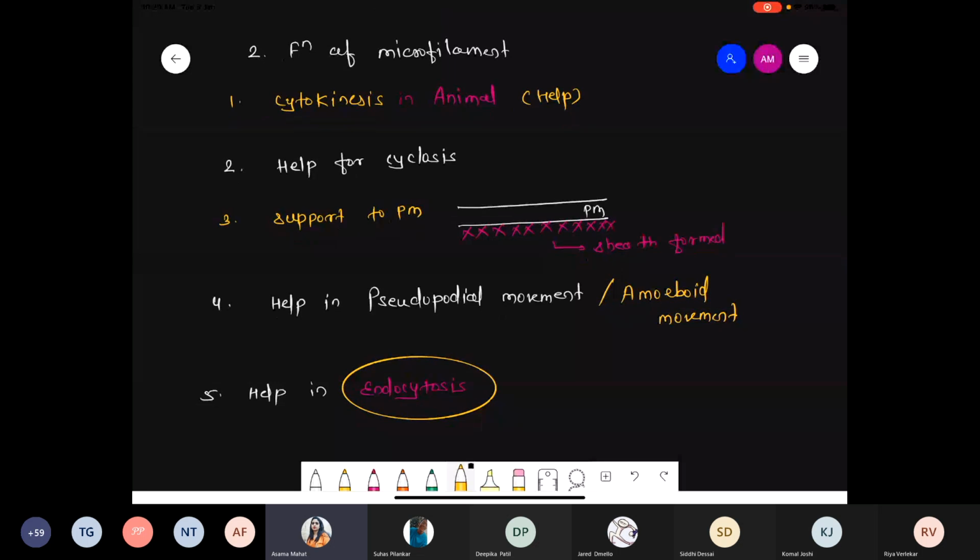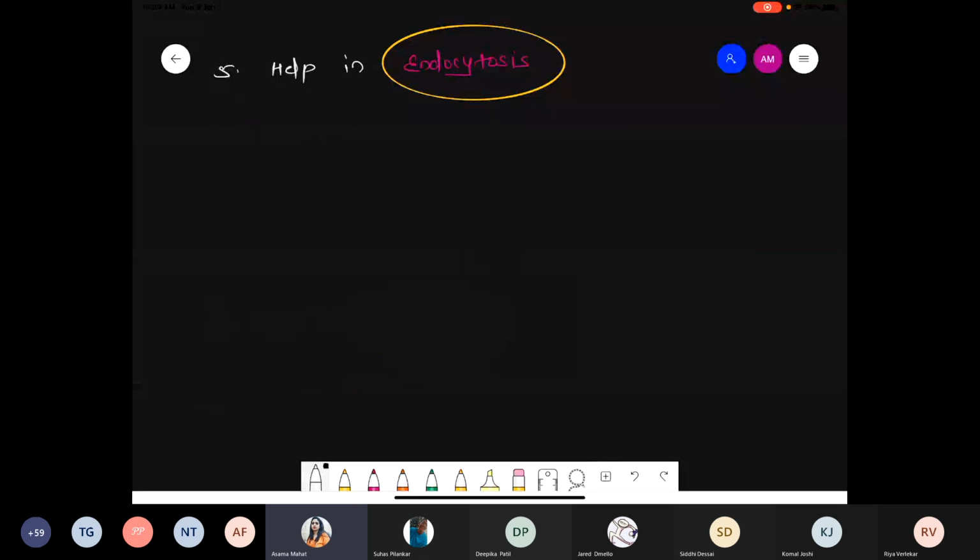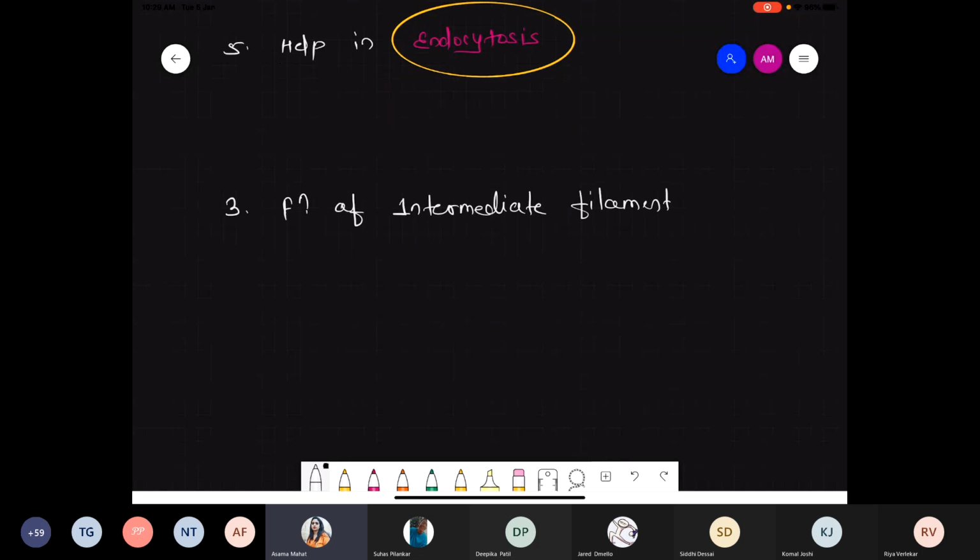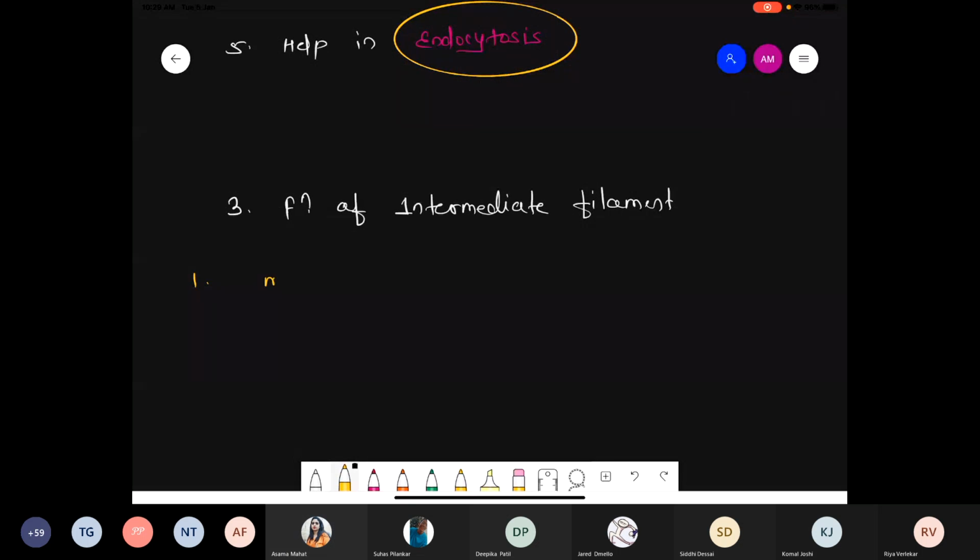So next and the last one, number three: functions of intermediate filament. Number one, they are responsible for maintaining the shape of the cell.